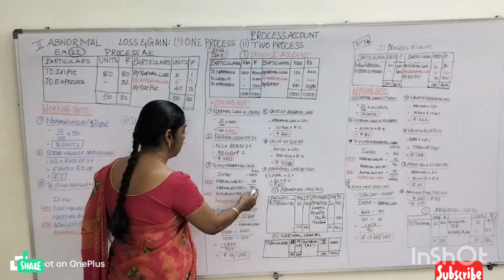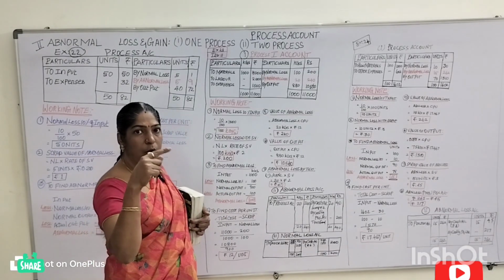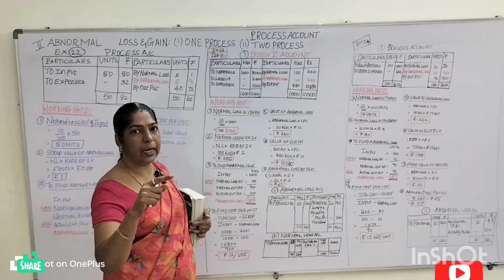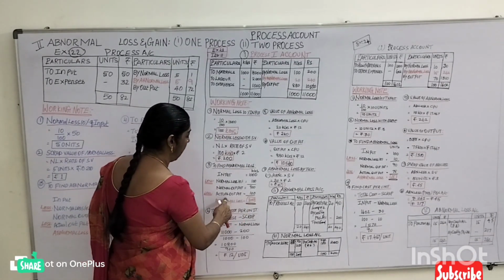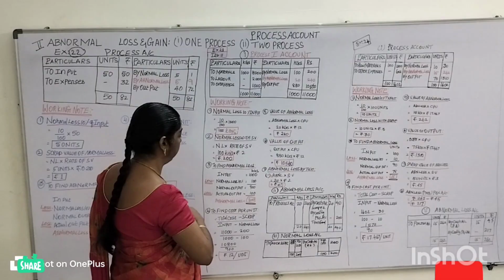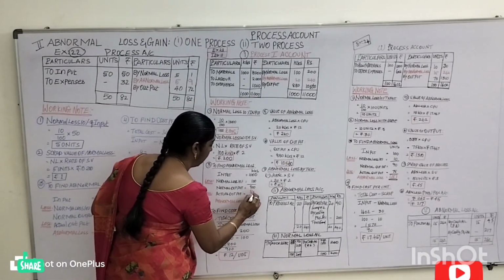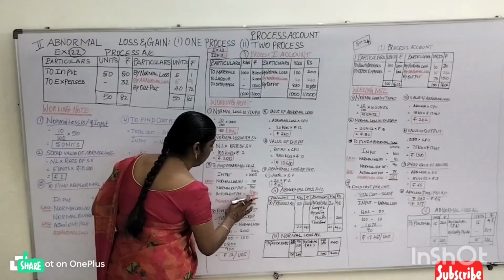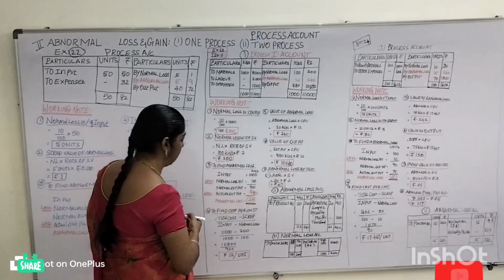That 900 kgs is called the normal output. Okay, from that normal output, we are going to subtract actual output, 880. Then after subtracting 880 from 900, you will get 20 units.